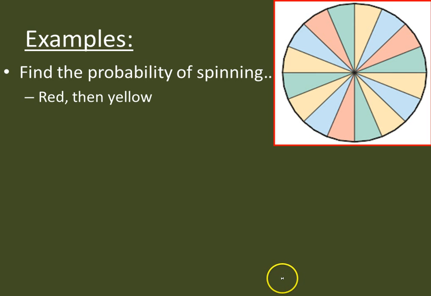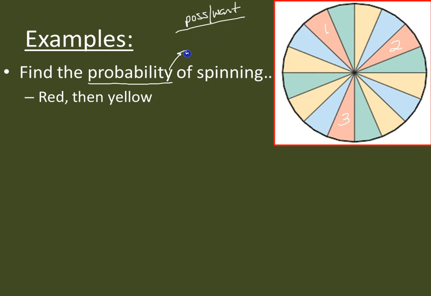So I have a spinning wheel over on the side with colors. Kind of reminds you of Wheel of Fortune for those of you who know what that is. The example says find the probability of spinning a red then a yellow. Okay, well, what's my probability of spinning a red? I have how many red sections? 1, 2, 3. But when I talk about probability, how do I write this out? It's possible, or what you want, over, what goes on the bottom?